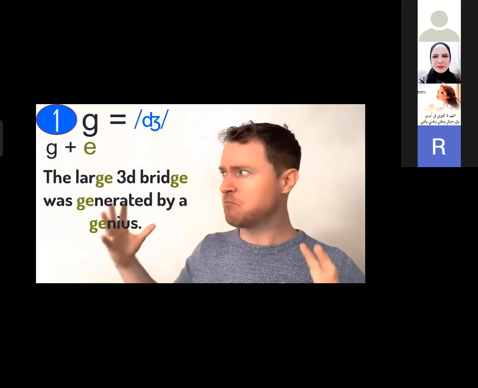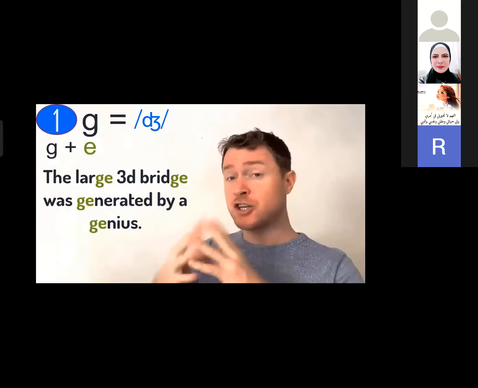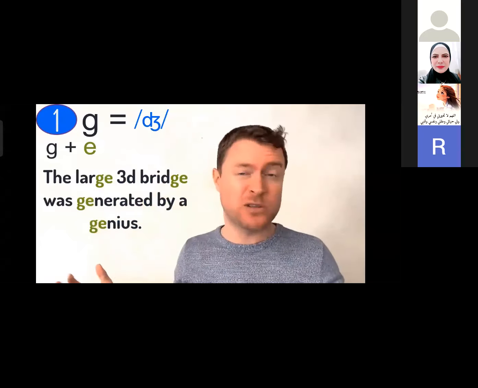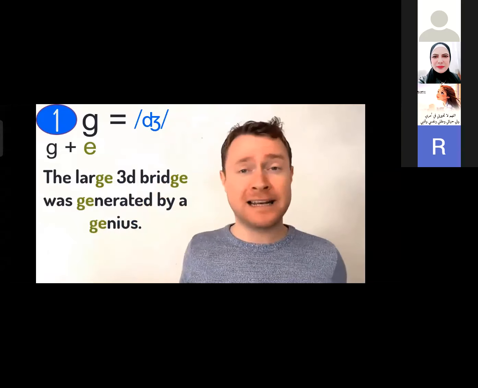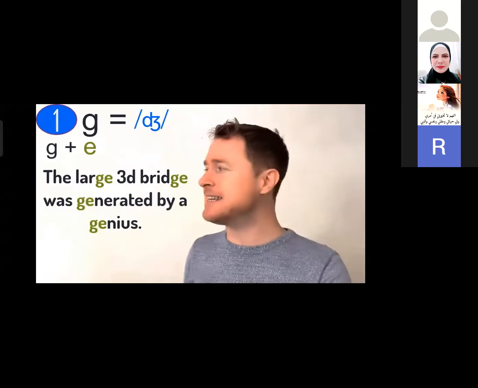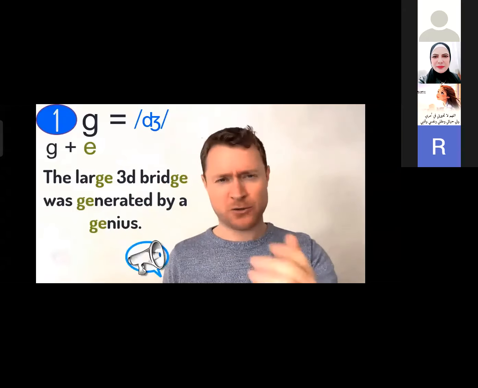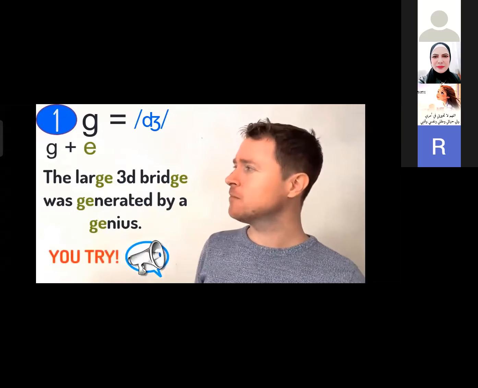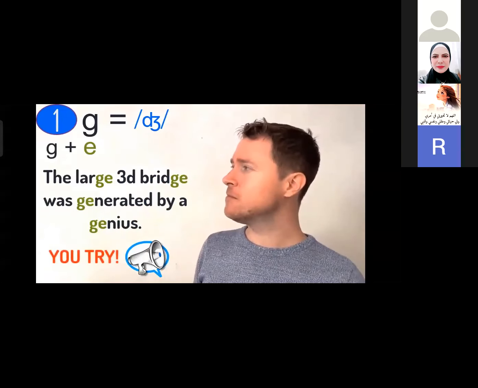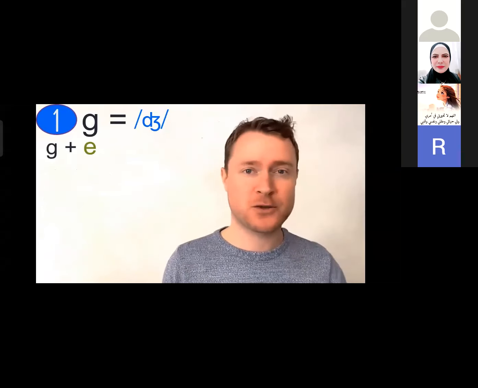The large, big 3D bridge was generated, that means made on a computer normally, by a really clever person, by a genius. The large 3D bridge was generated by a genius. Have a go, your turn. Okay, well done. Let's move on to the next bit.